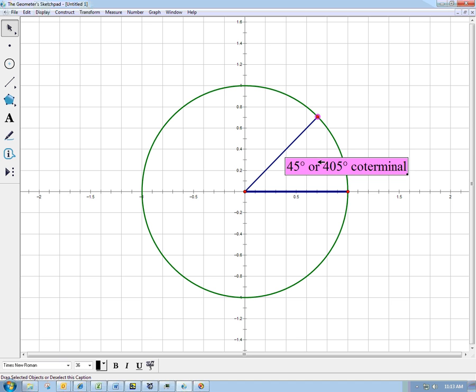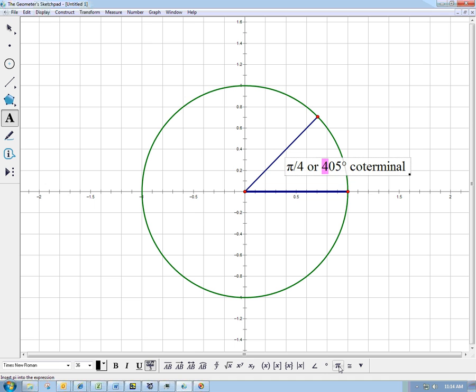Now we could also do that in radians. That's going to be, oh, I need this. 45 degrees, if I multiply that by pi over 180, then I get pi over 4.